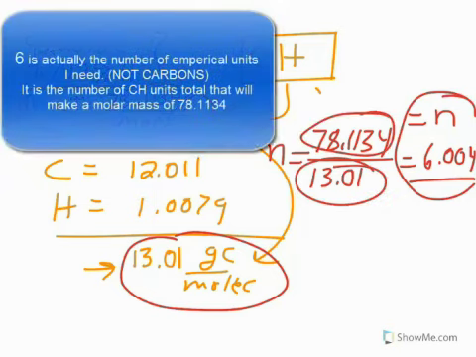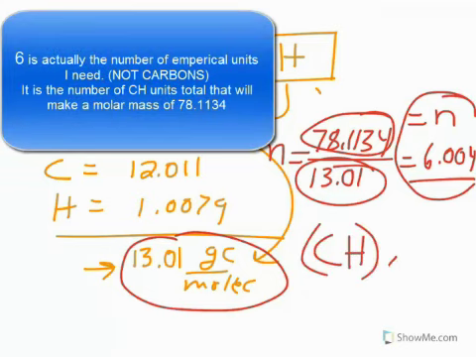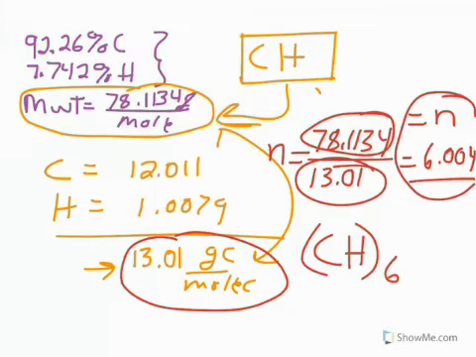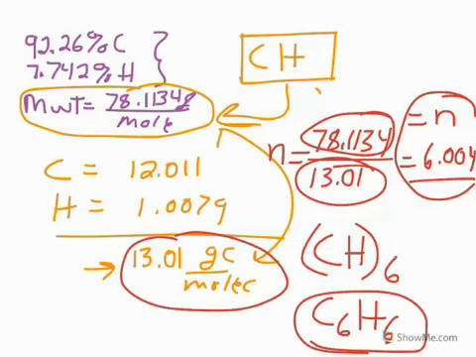So that's how many carbons I need. I need CH times 6, only we don't write the formula that way. We go C6H6. And that's how you get the molecular formula from the molecular weight.